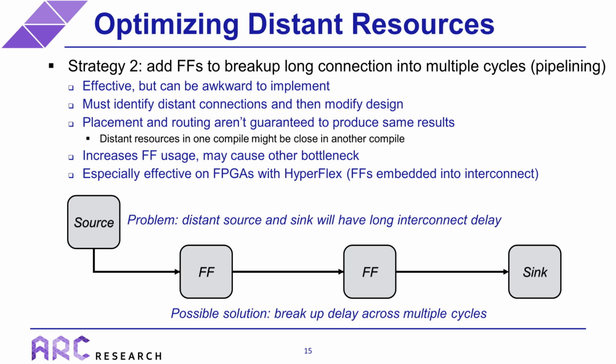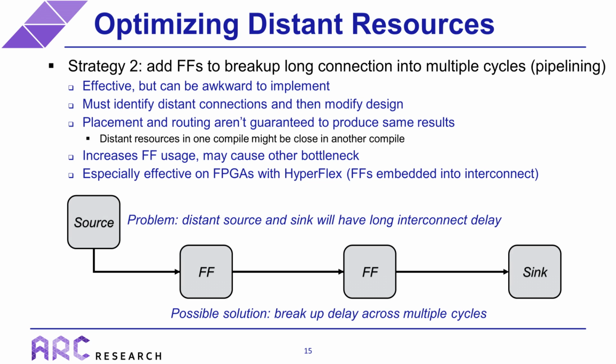So, a lengthy connection in one compilation might not be lengthy in another compile, and might be replaced by a different lengthy connection. It all depends on how the placer decides to place all the components in that particular run. So, you could add registers only to find that another path is now longer on the next compilation. For a huge design, you could potentially iterate numerous times, adding registers to different wires with a bottleneck just shifting every time you compile.